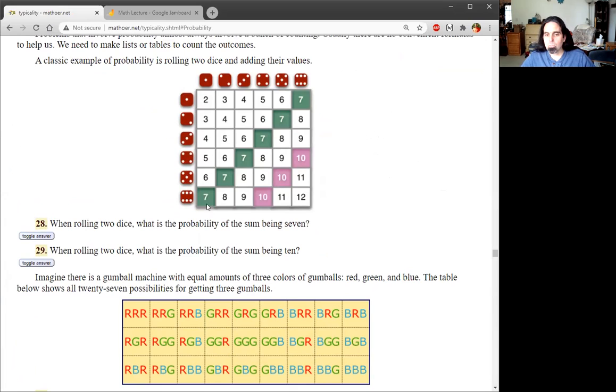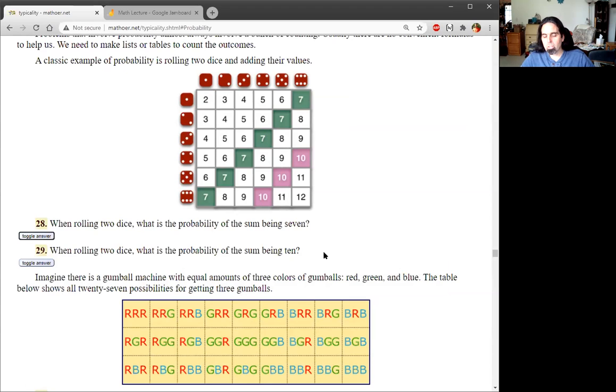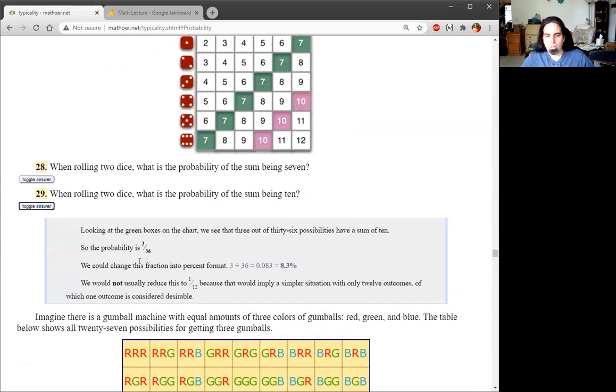When rolling 2 dice, what's the probability that the sum is 7? So how many greens were there? 1, 2, 3, 4, 5, 6. So we could write it as 6 over 36 or change it to 16.7 or 17%. When rolling 2 dice, what's the probability the sum is 10? We'd have 3 pink ones out of the 36, or find the percentage for 3 out of 36.